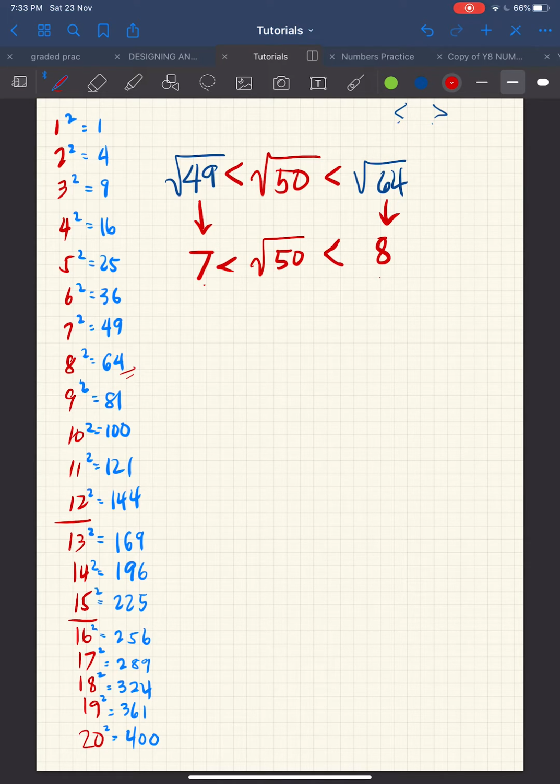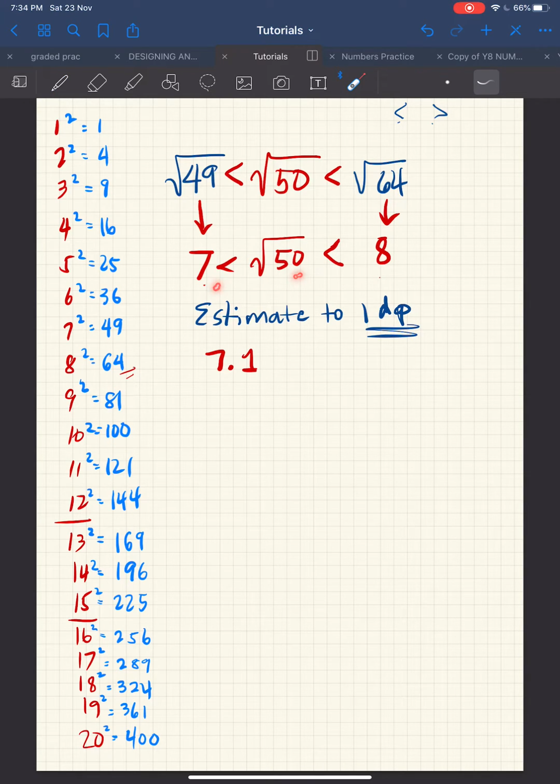Then the instructions asked, can you estimate to one decimal point? If we say 1 decimal point, then the lowest we can go is 7.1. It cannot be 7 because the square root of 50 is greater than 7, not greater than or equal. And it cannot be 7.01 because that's 2 decimal points.